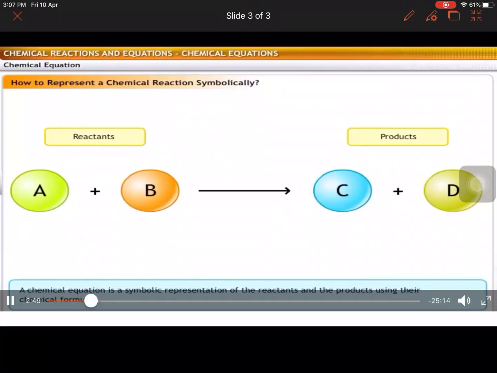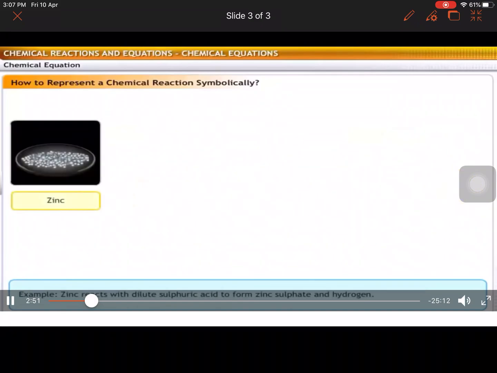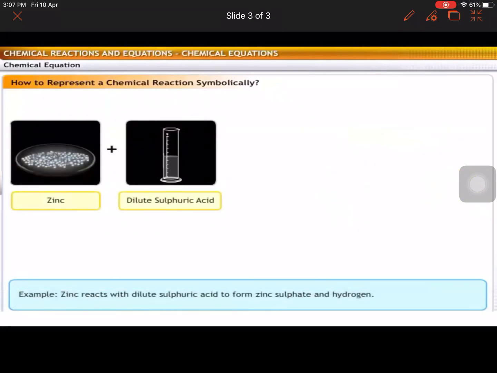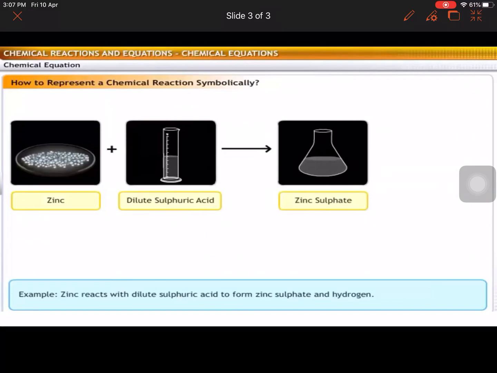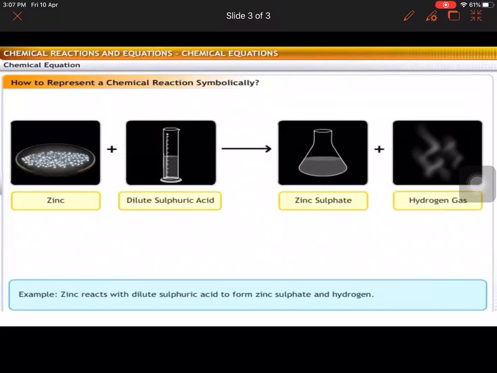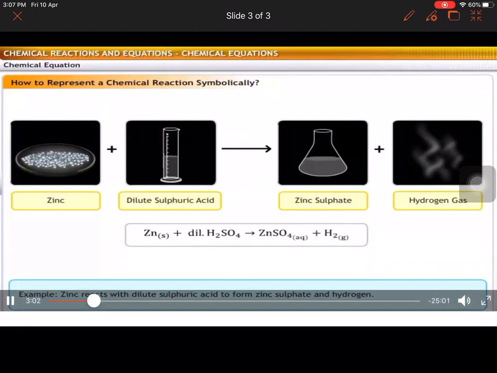Using their chemical formulae, for example, zinc reacts with dilute sulfuric acid to form zinc sulfate and hydrogen gas. This is represented in the form of an equation, as shown here. Zinc is in solid state, which is granules. Sulfuric acid is a liquid, and it becomes ZnSO4, which is a salt, plus hydrogen gas.